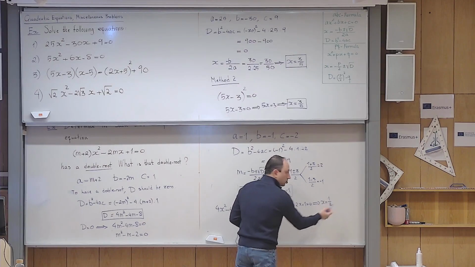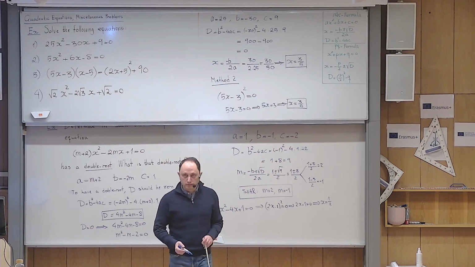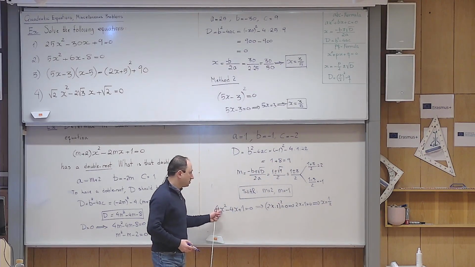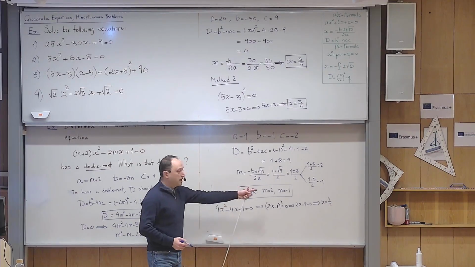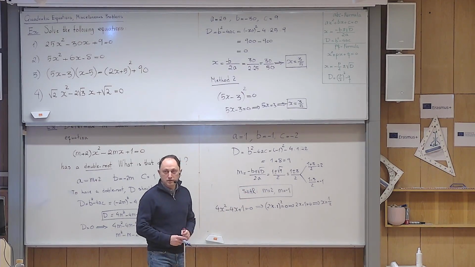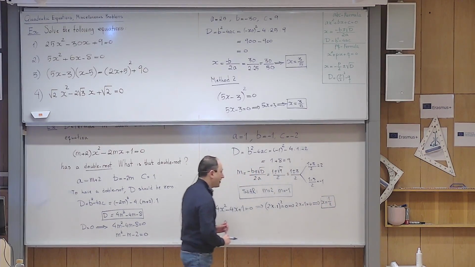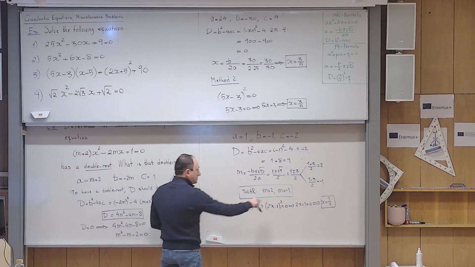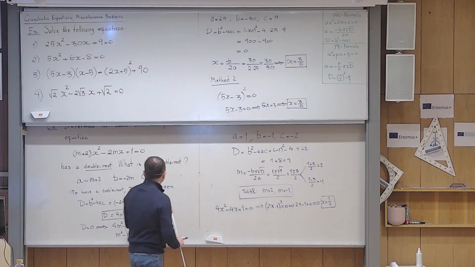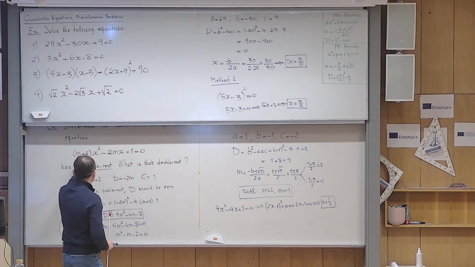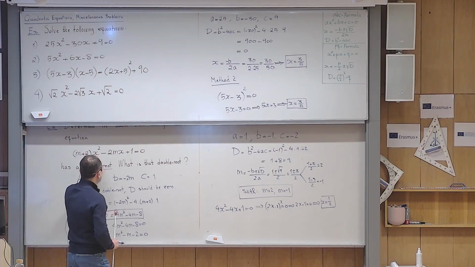How many answers did I get? 1. So that's the double root, because a quadratic equation having one answer means that one answer is the double root. So you see, it was not random. And m equals minus 1. If I put minus 1 here, minus 1 plus 2 is 1, so it becomes x squared.